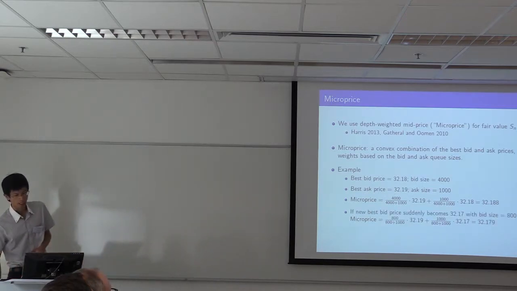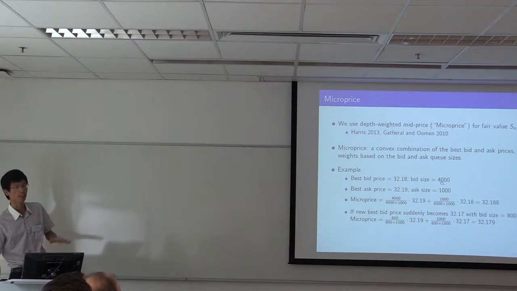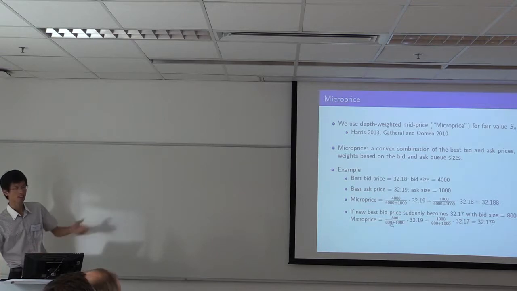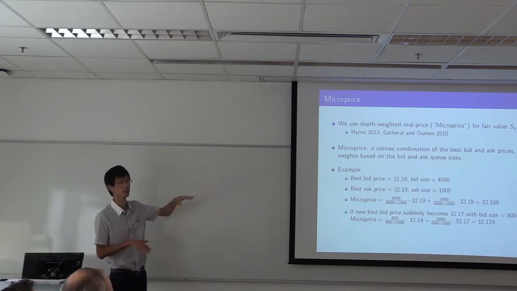Now, of course, if suddenly a surge of market order flow comes, or a large market order comes, so that it depletes the whole queue over here, then the new best bid price, let's imagine, becomes 1 tick below, and the new bid size becomes 800. Then the macroprice, according to this definition, will become this number, which is slightly lower than the previous best bid.